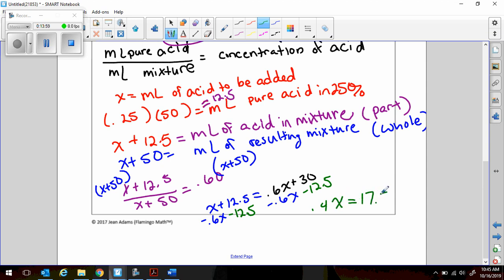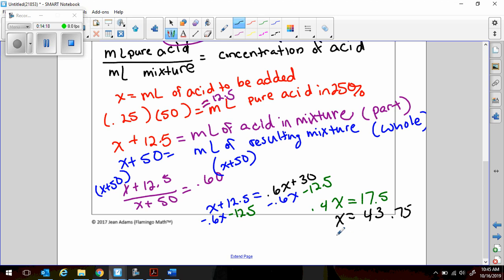Try it, make sure. And then I'm going to divide by 0.4, and I think that we get x equals 43.75. Perfect.